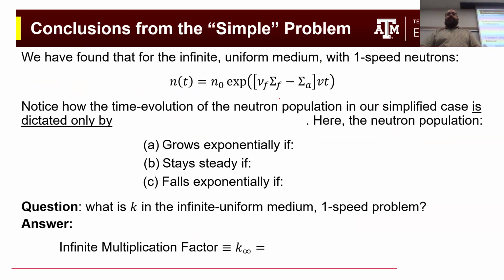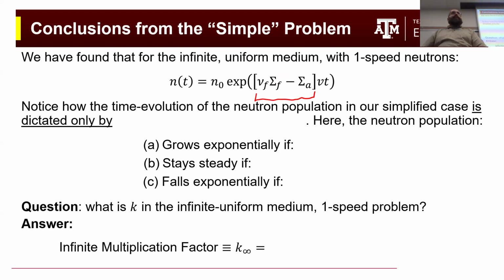So depending on if these constants in here are positive or negative or zero, that's going to influence if we increase exponentially, decrease exponentially, or if we remain steady. And these quantities right here are the only quantities that can actually influence the sign inside of the exponential: my nu F, my sigma F, and my sigma A. And so that time evolution is just dictated by those terms.